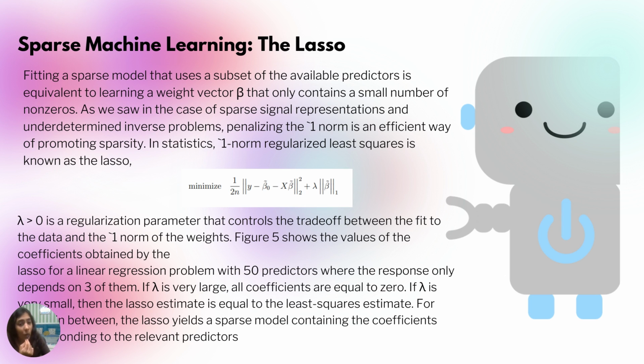In statistics, one norm regularized least squares is known as the lasso. Here is the formula given below, which you can take a look at. Lambda greater than 0 is a regularization parameter that controls the trade-off between the fit to the data and the one norm of the weights.